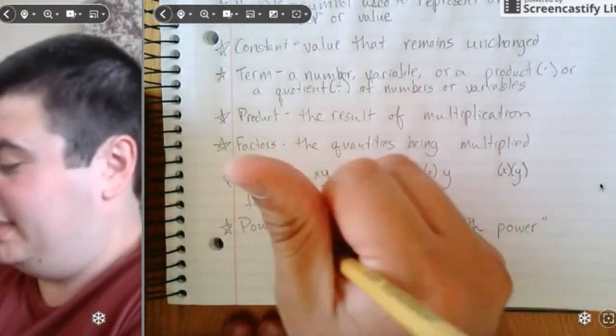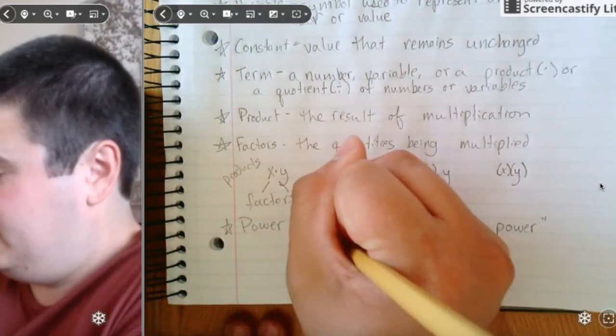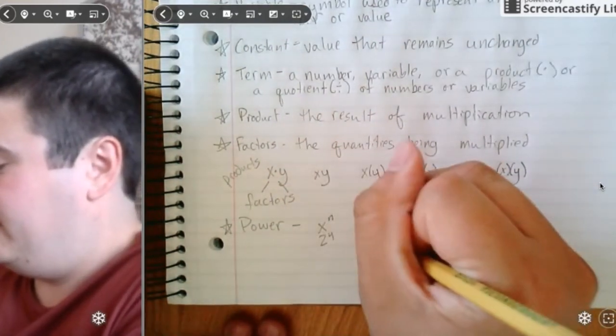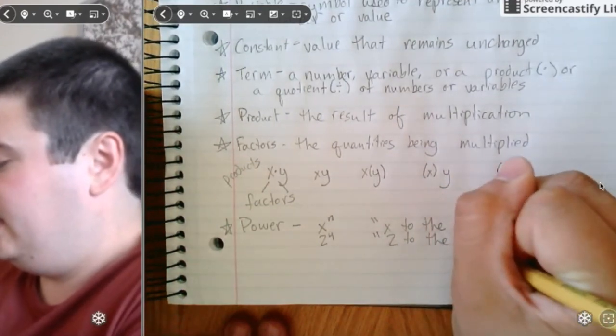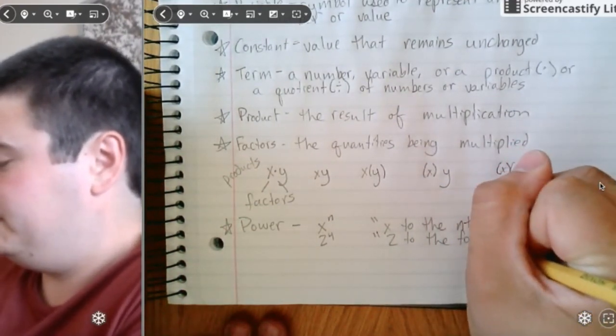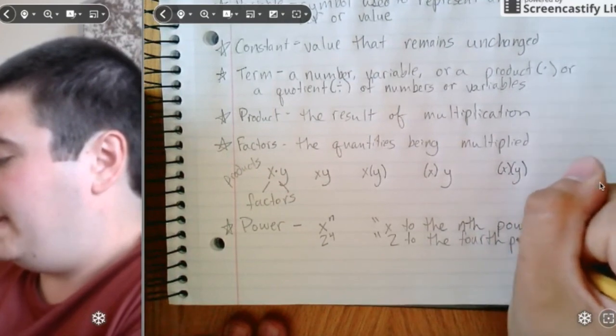Or, for example, if it was 2 to the 4th, we would say 2 to the 4th power.